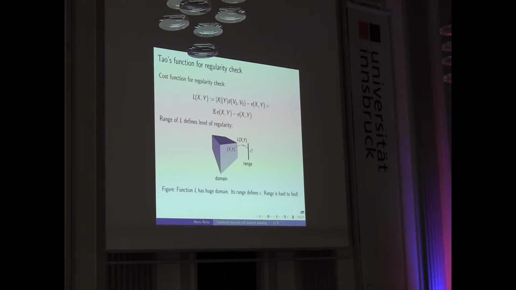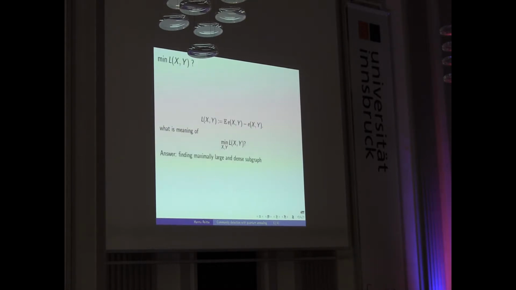And as a result, the range of this function defines whether the bipartite graph is epsilon regular or not. So if you can find minimum and maximum of this, you can solve this problem. But as I said, this problem is co-NP complete, and there must be some difficult cases of finding minimum and maximum.